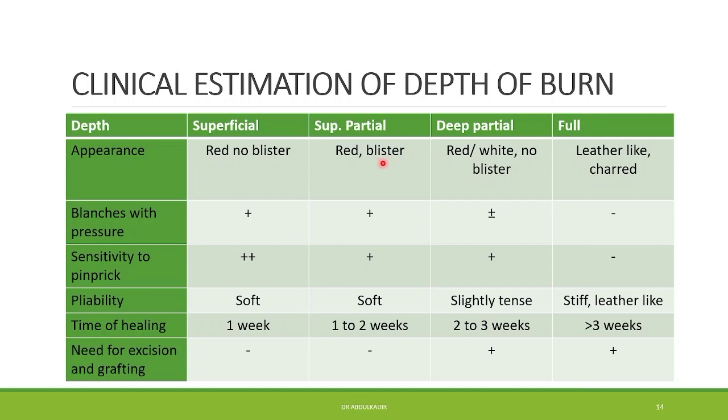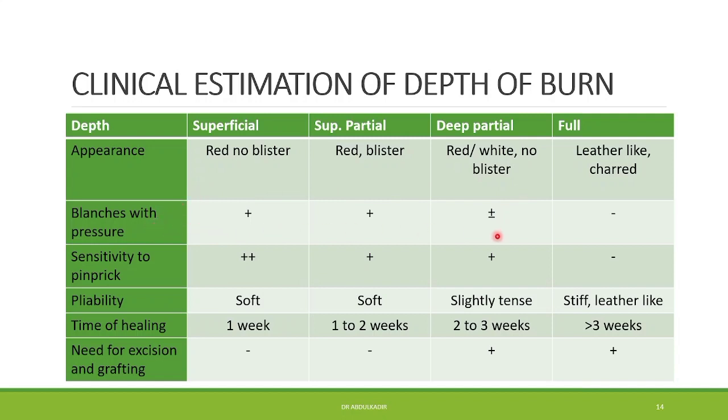The color is the same, but it causes blisters. In deep burn, there is no blister, and the color will change into red and white. Then the third one is cherry or leathery. This appearance is dark, or cherry.